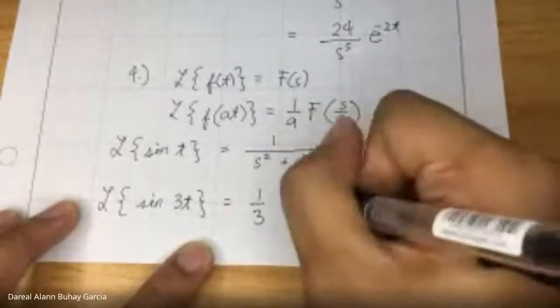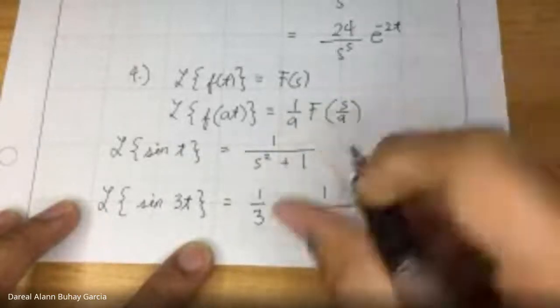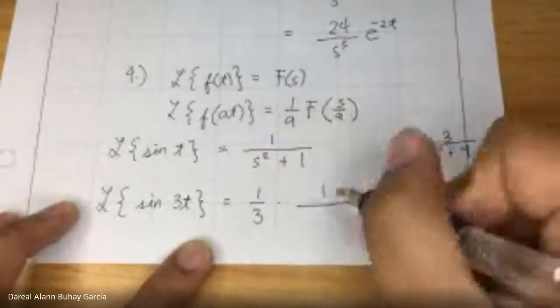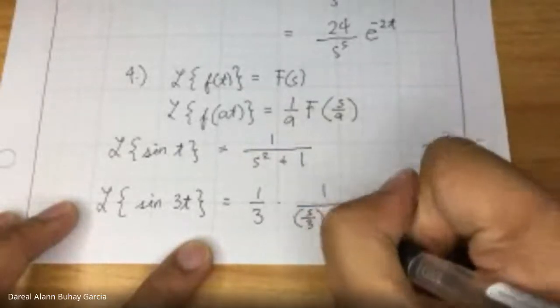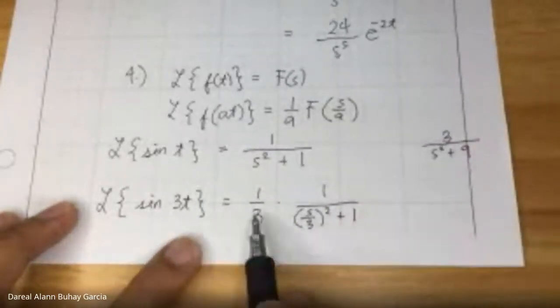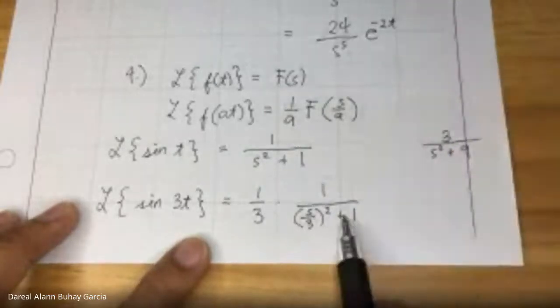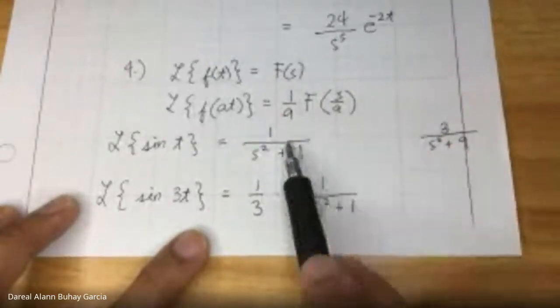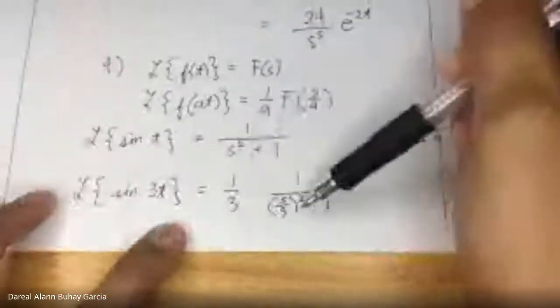And the function is 1 over, instead of s squared plus 1, this should be s over 3 squared plus 1.